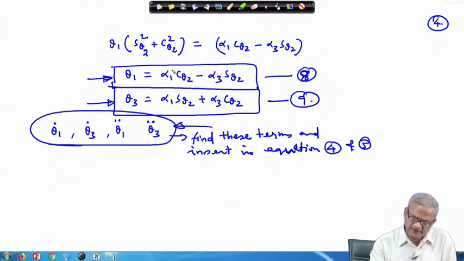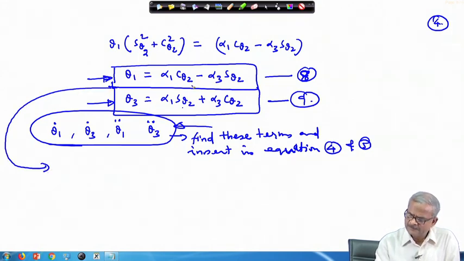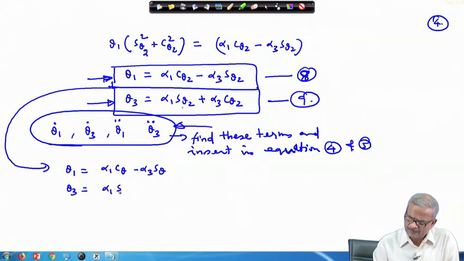Okay, so, theta 1 is alpha 1 c theta 2 minus alpha 3 s theta 2, and theta 3 is alpha 1 s theta 2 plus alpha 3 c theta 2. Now, let us rewrite this, so that we do not have to carry this tag 2. Okay. So, we will write this as theta 1 equal to alpha 1 c theta minus alpha 3 s theta and theta 3 equal to alpha 1 s theta plus alpha 3 c theta.